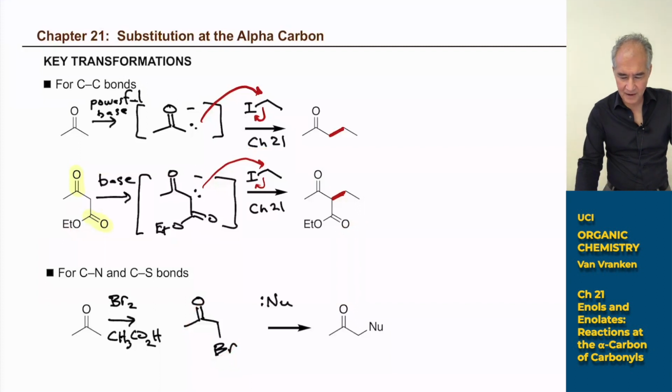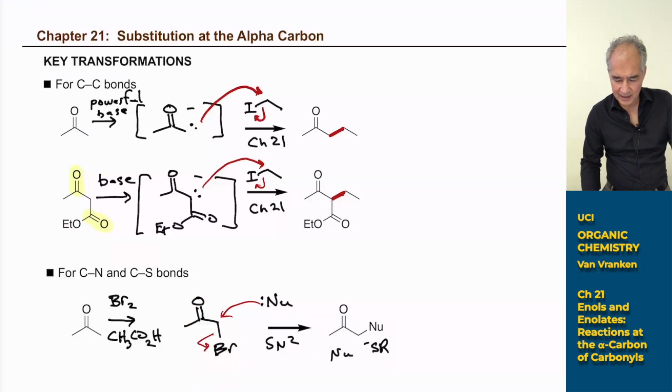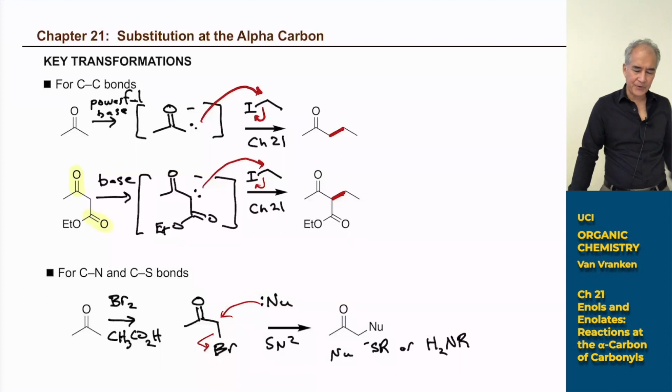If you have a nucleophile here, we can make new bonds. You already know how to do SN2. I shouldn't have to teach you about that, but that's just traditional SN2 chemistry. This is what you would do if your nucleophile is a thiolate anion, or maybe some sort of an amine. We'll have to talk more about those mechanisms.